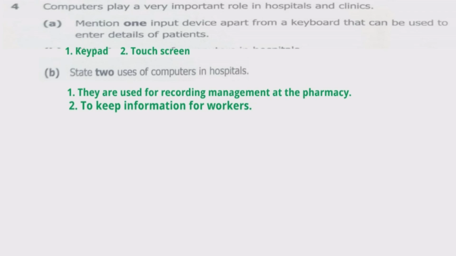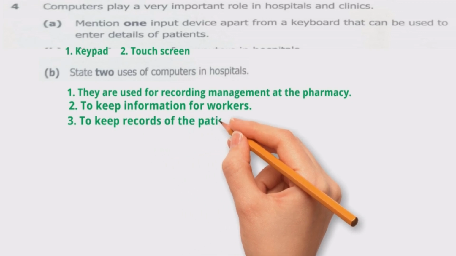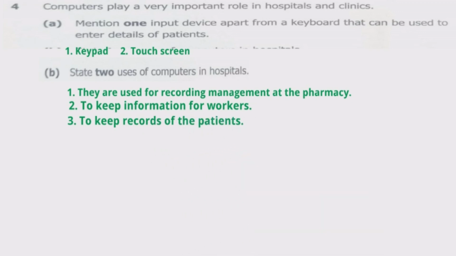The other one is to keep the records of patients. Nowadays it's very easy. In most towns where computers have been introduced, you will never see people going to the hospital with books. They just say the name and the data is given to the medical personnel.